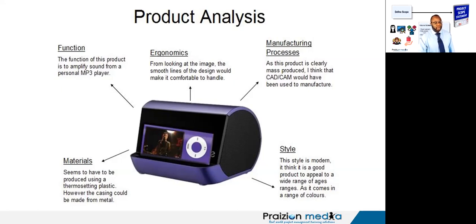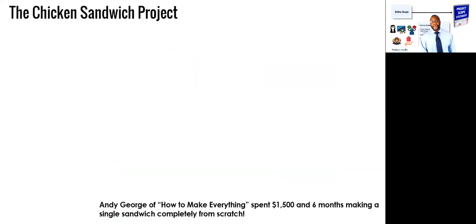You get it? Now, those of you who've been in my classes previously, you know about the chicken sandwich. We always talk about the chicken sandwich. There's a guy called Andy George, and he decided to embark on a chicken sandwich project from scratch. And I used this illustration, and I just ran into his channel after using this illustration, and it just helps the more to see all the things they did.